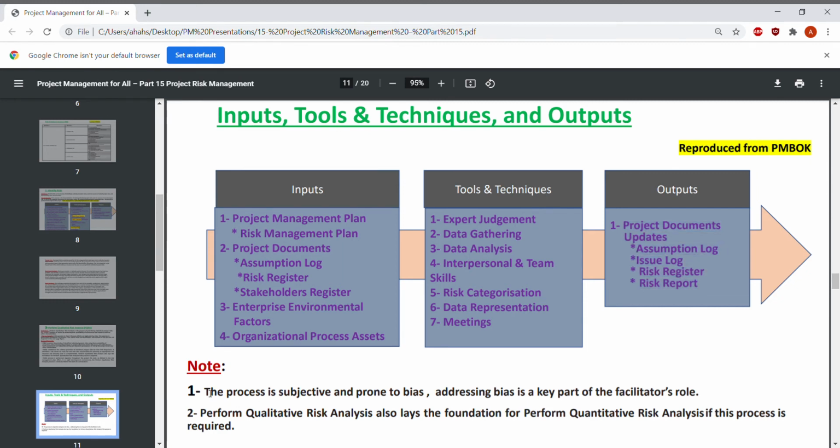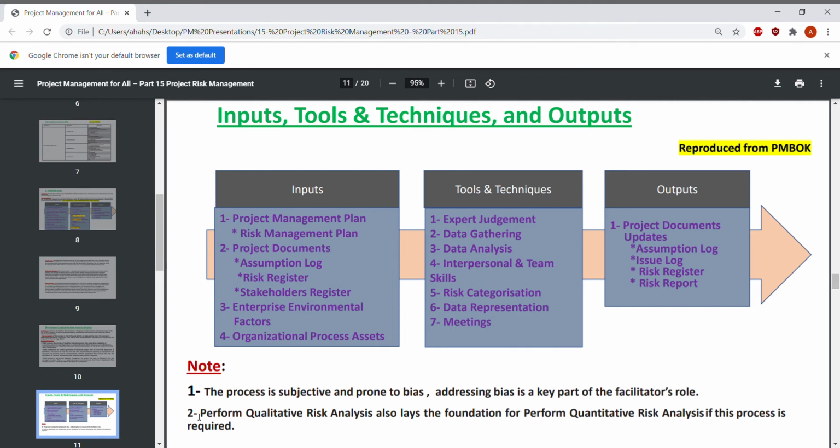This is an important note: this process is subjective and prone to bias, and therefore the bias is addressed by the facilitator, because the project team may have bias. So if we have a risk facilitator, he will deal with and address the bias from the project team.